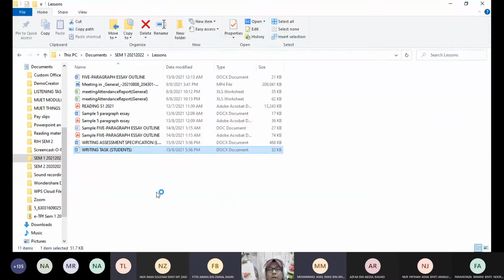Yes, madam. Sorry, it's still loading. The writing task, where is it? Writing task. I'm going to zoom this so that you can see. Too big. Is it okay? Can you see? Students, are you okay? Can you see this?